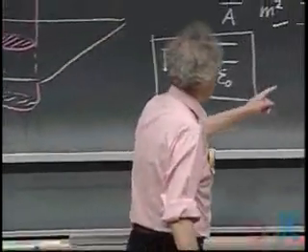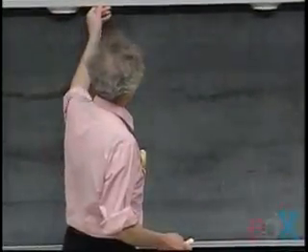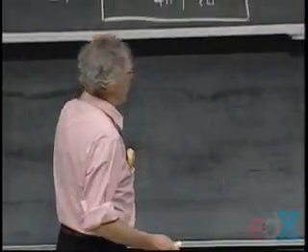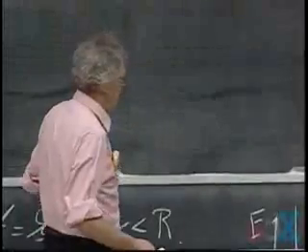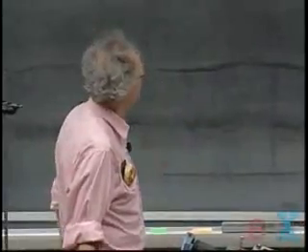So you are going to prove this, and I'm going to use this now to calculate for you a much more complicated configuration of two charged planes. But I use that result. That's very important.